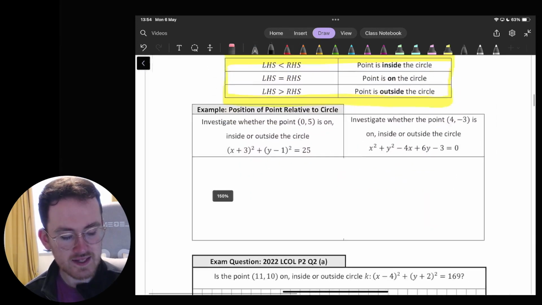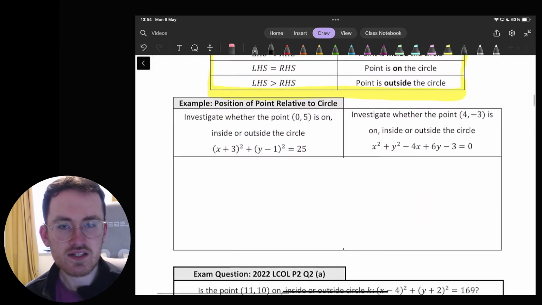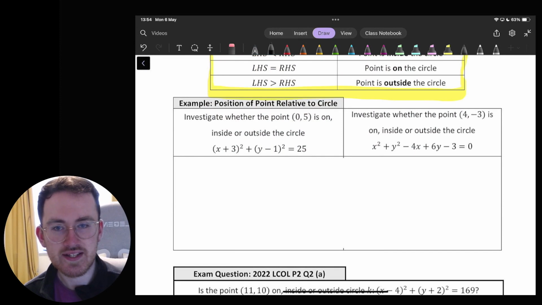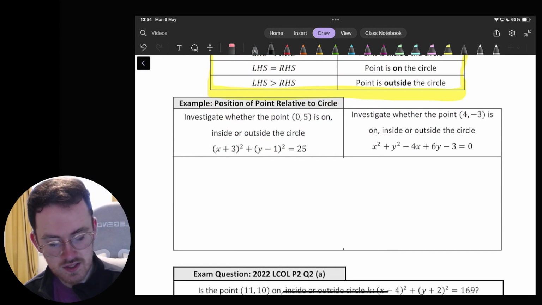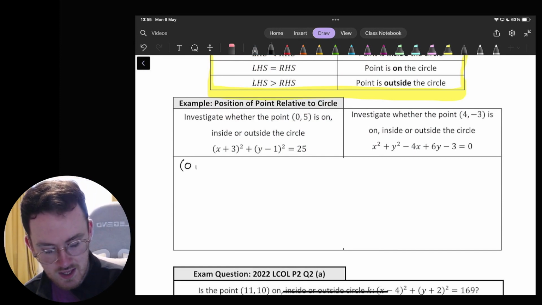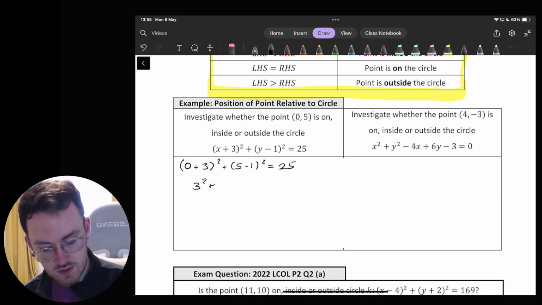So looking at this in practice, let's investigate whether the point 0, 5 is on, inside or outside the circle. Into this circle, I'm just going to plug this point in and see where it leaves me, and then we'll make some deductions based on the result we get at the end. So I have 3 squared plus 4 squared equals 25, 9 plus 16 equals 25, and I get 25 equals 25.